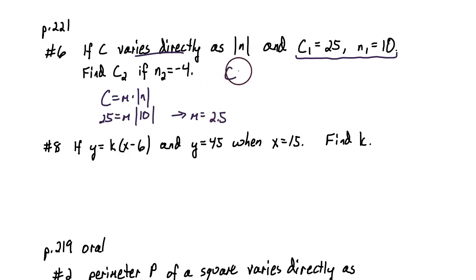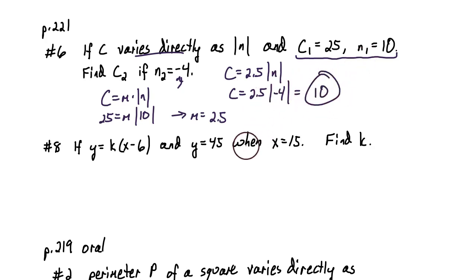Go back and make another equation with C and N. C equals 2.5 times the absolute value of N. Then find the value of C again if we use -4 for N. The absolute value of -4 is 4, and 2.5 times 4 makes 10. So the value of C is 10 when N equals -4.